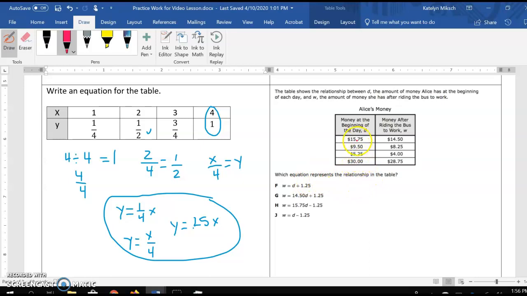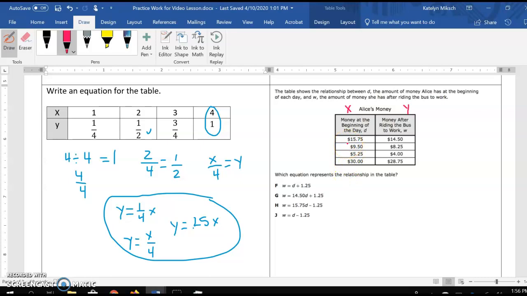So first I would just look at how the values are changing. Remember, input is our x, output is y. They've changed the letters on this table, but that's okay. We should know that input is always on the left, output is always on the right, or input would be on the top and output would be on the bottom.